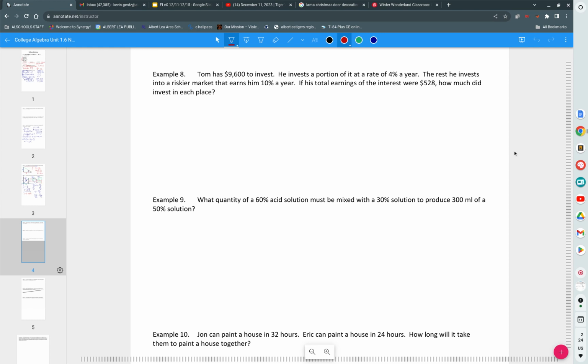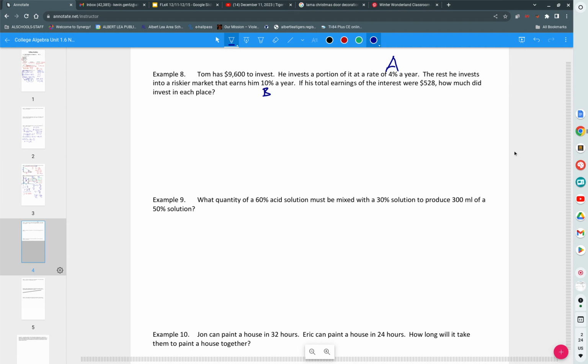The total that he invested was $9,600, and he ended up with $528 of interest that he earned. How much did he invest in each place? So we're going to say that this is a category A that he invested in at 4%, and there's a category B invested at 10%.